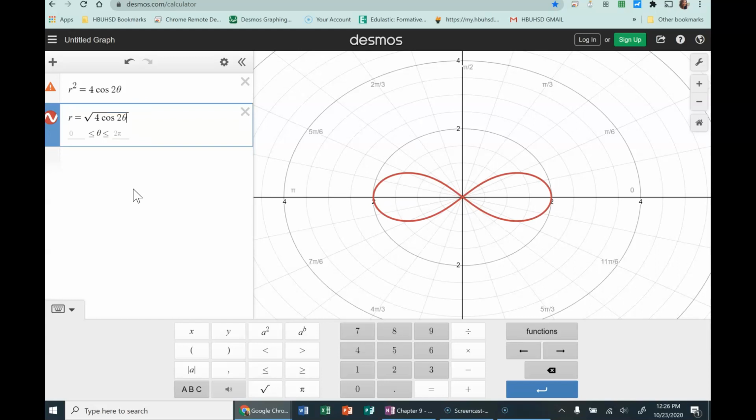Now, normally, when we take a square root, we write plus or minus, but the unique thing about polar coordinates is that the graph is exactly the same whether you have positive or negative. Let me graph another one out for you. What if I do r equals negative? Well, in polar coordinates, we get the same graph, right? Negative radius is just saying that we are going in the opposite direction. But we can always get to the same spot with a different angle.